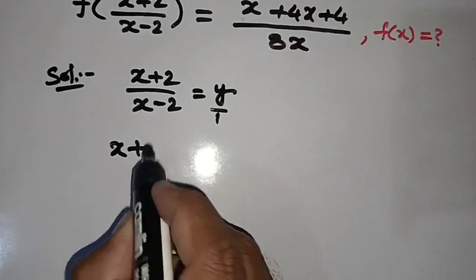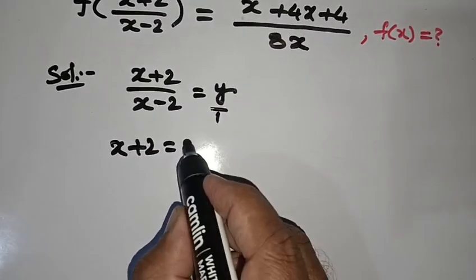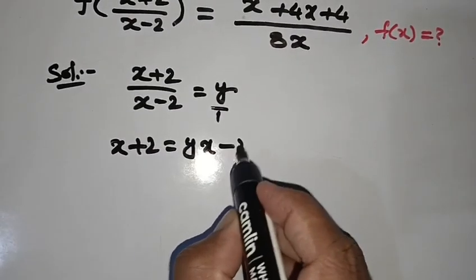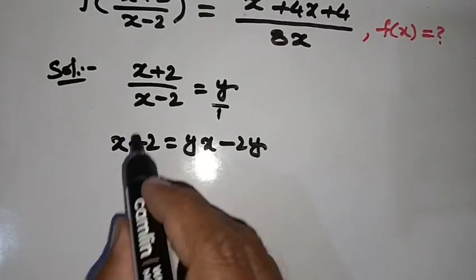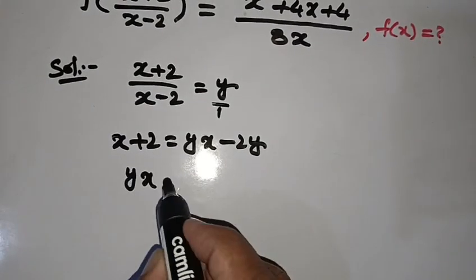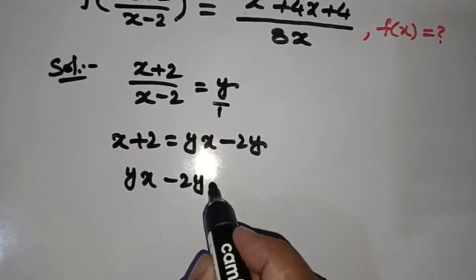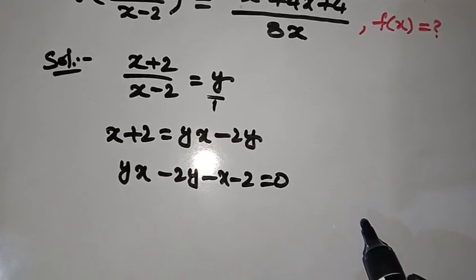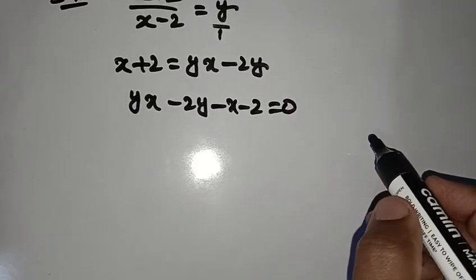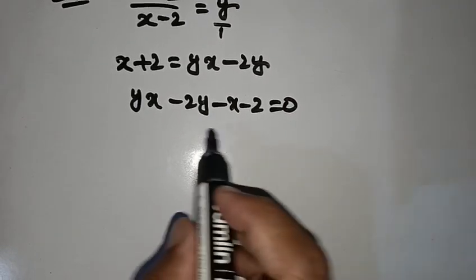So here x+2 is equal to yx minus 2y, or by taking all terms to this side, yx minus 2y minus x minus 2 is equal to 0. The aim of writing this equation is to write x is equal to f of y type.